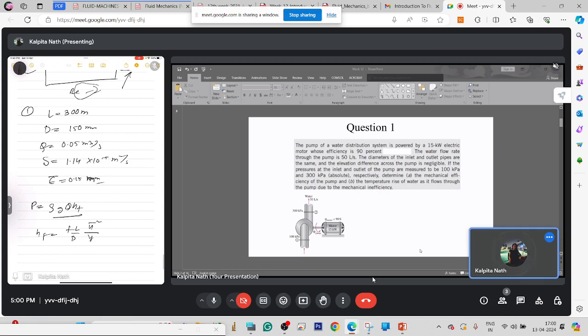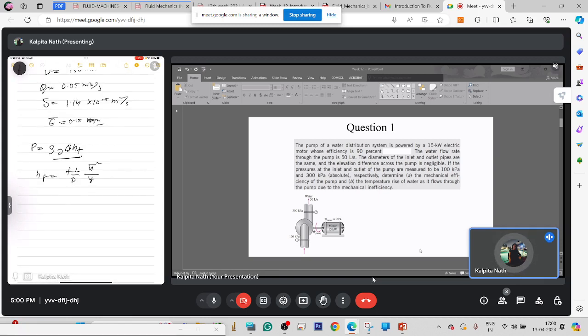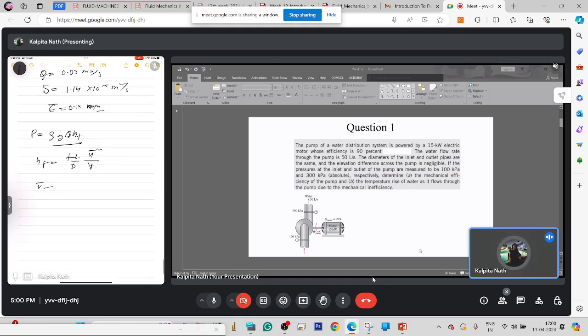Q is already given, so u bar we can calculate from here, and from that the Reynolds number. Reynolds number we know, epsilon by d we can calculate, so we can find the friction factor. Then we can put it here.